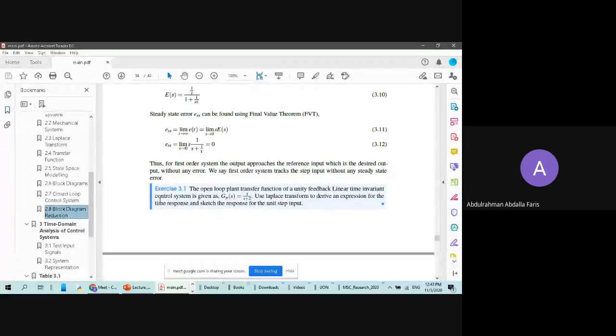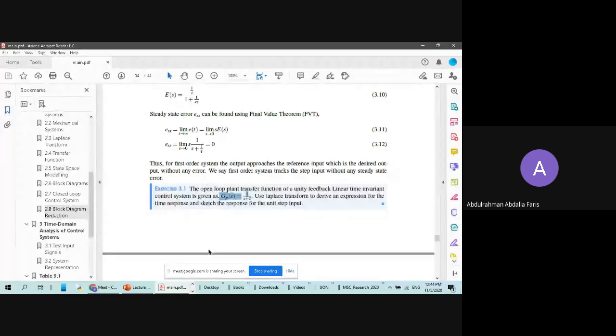He's saying the open loop transfer function, this is G, and also he said of a unity feedback system. So it means this GP is actually the G on the forward path of the system, and then we have a unity feedback to it.